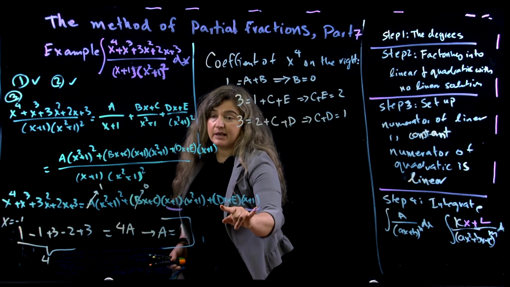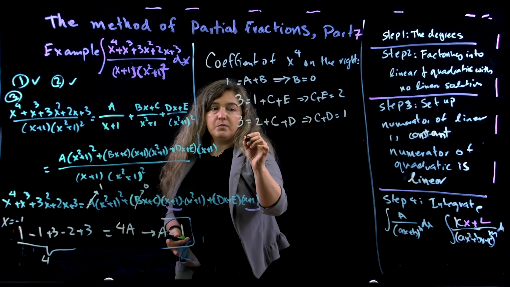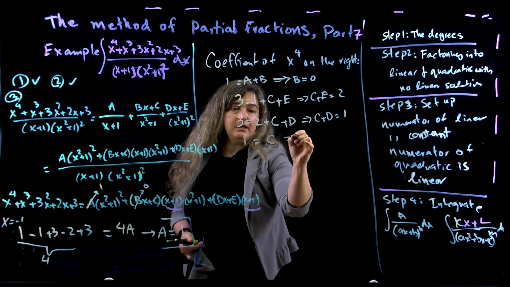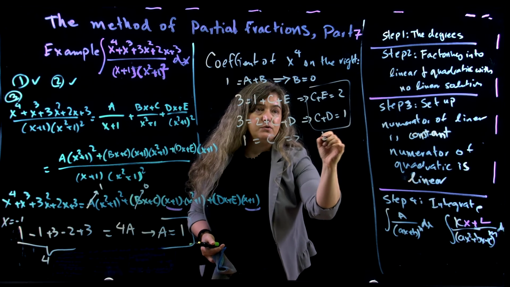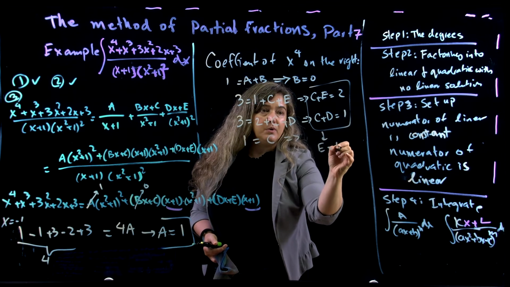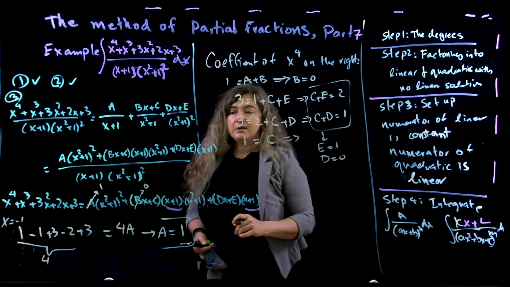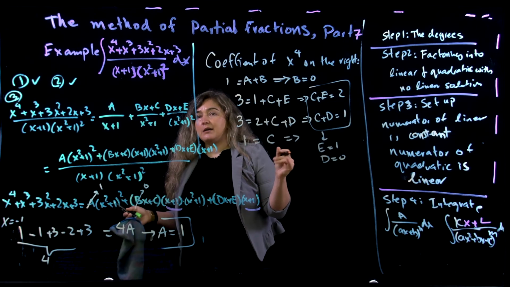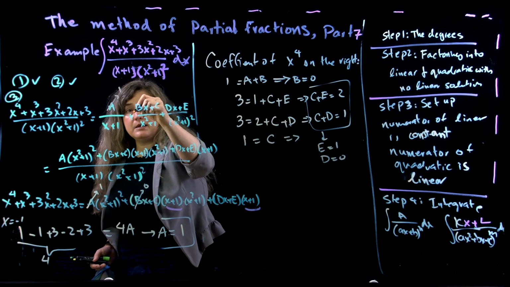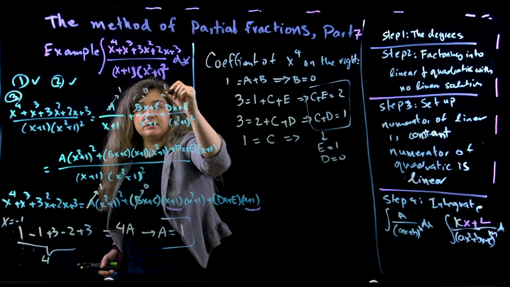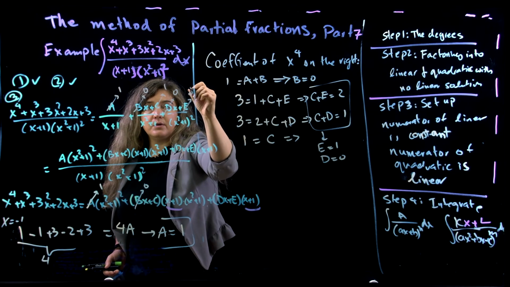Over here you don't have any x to the power 3, so 1 should be equal to c, and out of these two, that gives you e is equal to 1, and d is equal to 0. So we solved them all that way. I found a is equal to 1, b is equal to 0, c is equal to 1, d is equal to 0, and e is equal to 1.